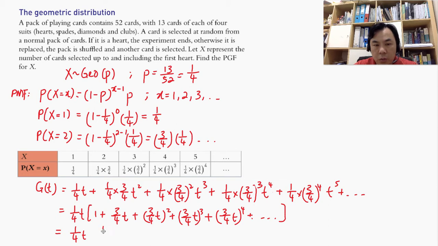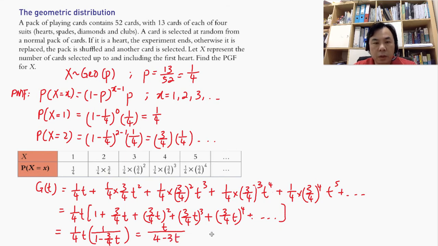So our a is 1 here, 1 minus 3 over 4 t there. And then of course we can simplify that as t over, in this case, 4 minus 3t here.